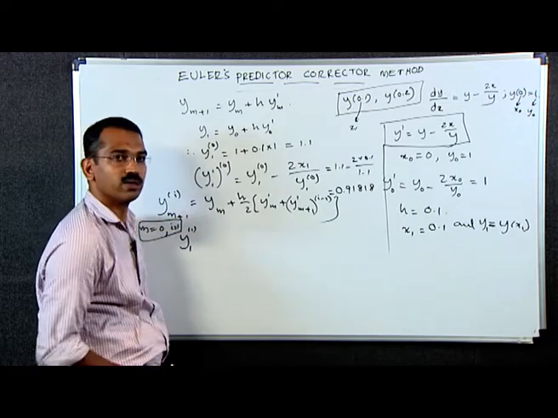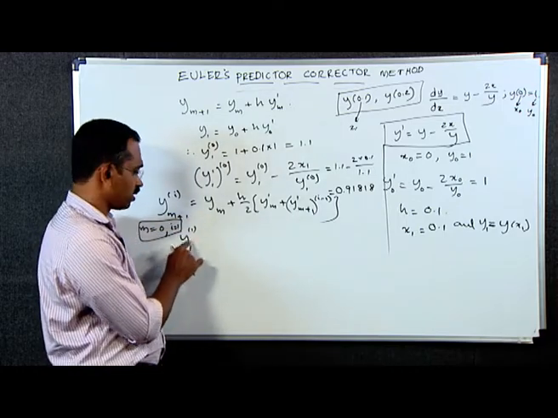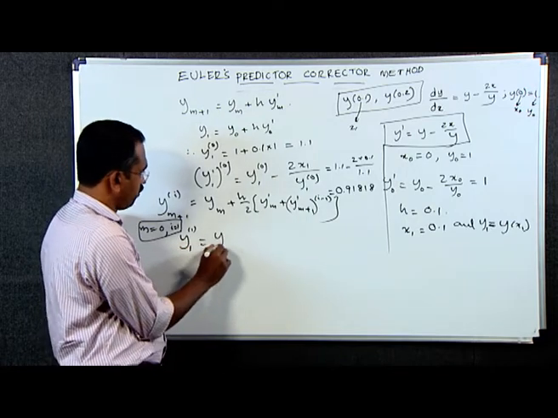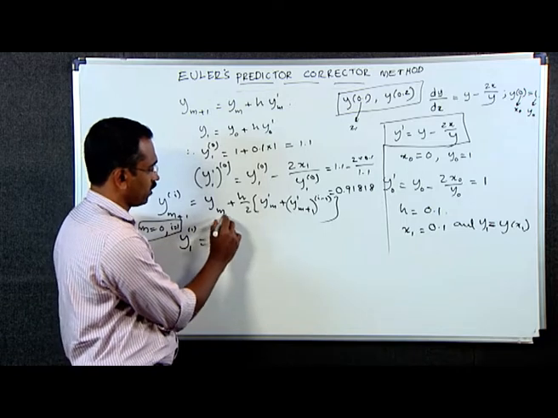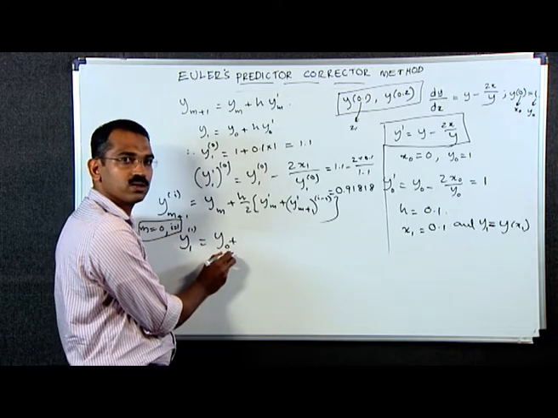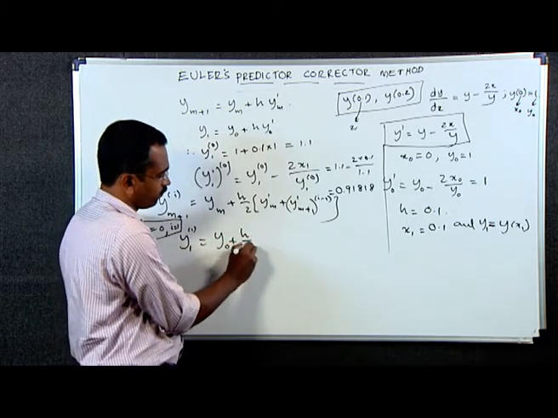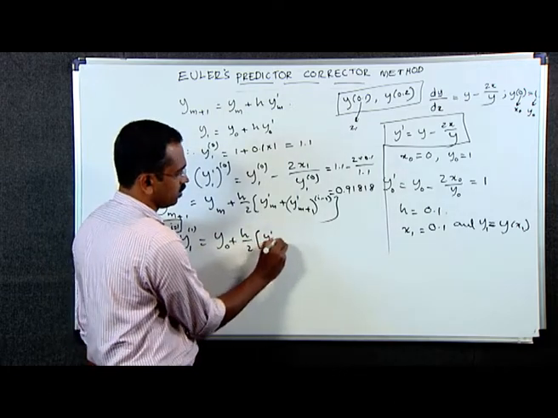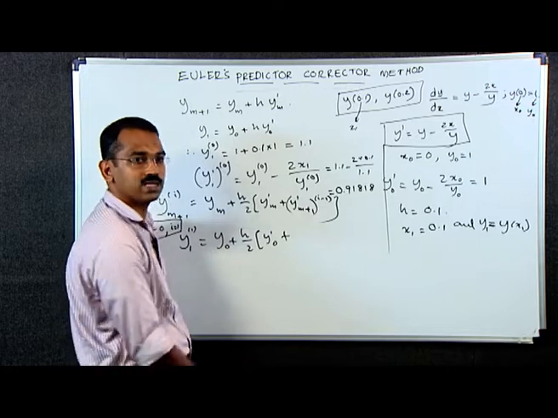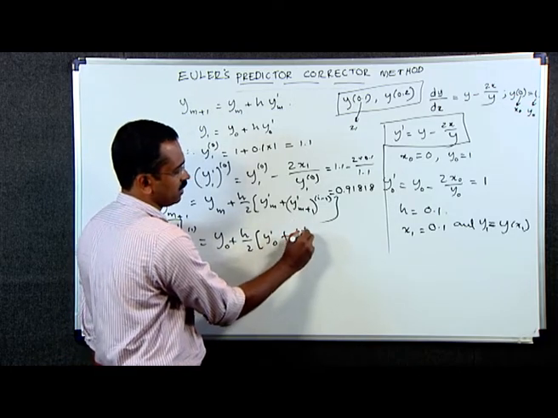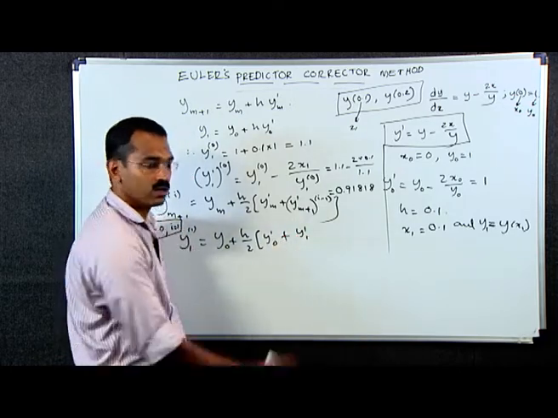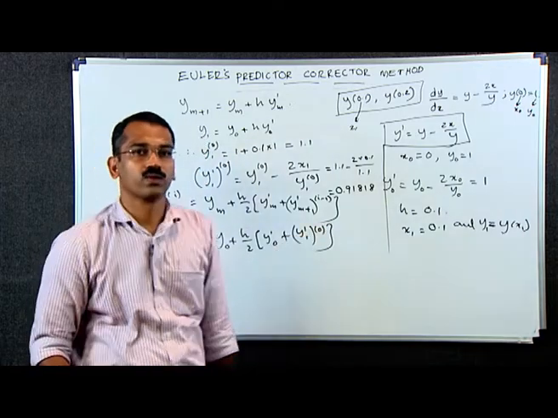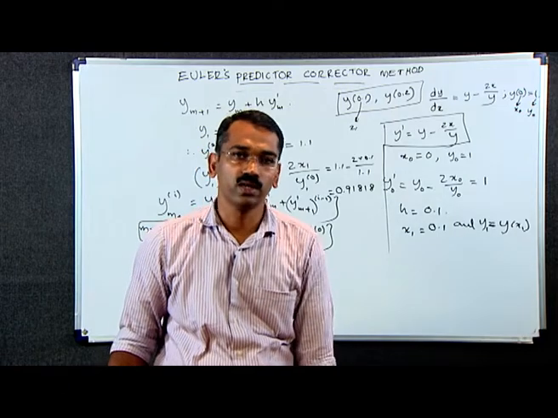In this expression, we will get y1(1) equal to y0 plus h by 2 into y'm, that is y'0, plus y'm+1, that is y'1(0). The 0 means the initial approximation.